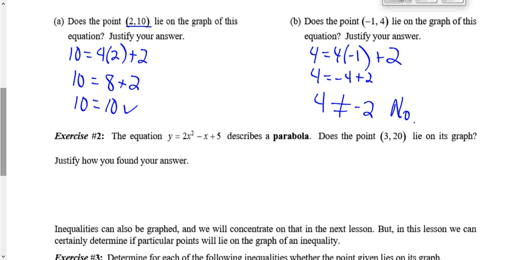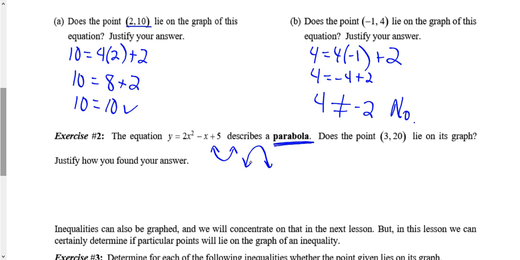Quadratic function. In the graph of it, all the xy solutions form what shape? Parabola, right? Which will either look like this or like this. Okay. So they want to know if the point (3, 20) lies on the graph. In other words, that's another way of saying, does it make the equation true? If it lies on the graph, it makes it true.